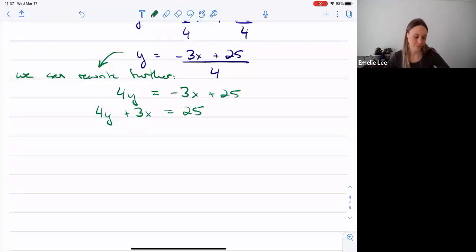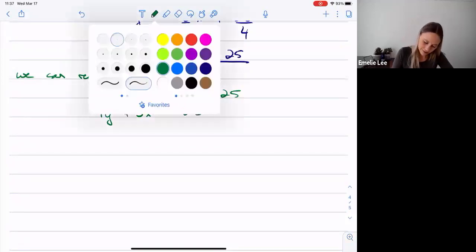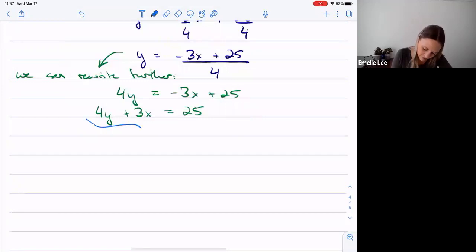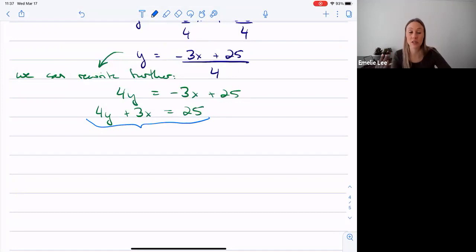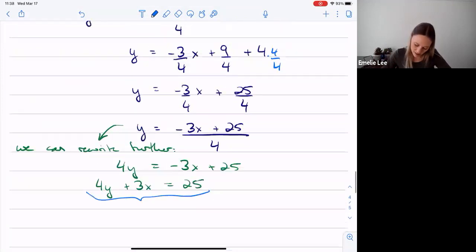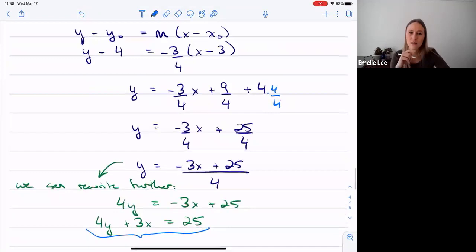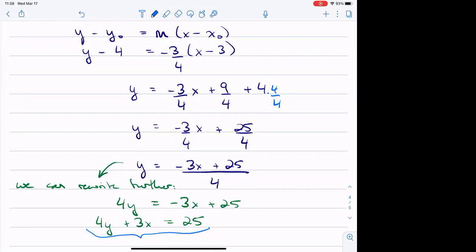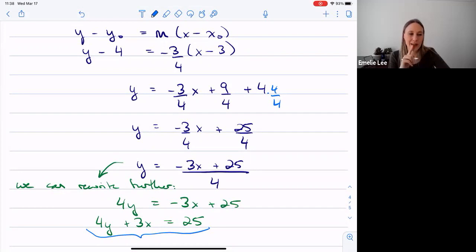Here, we're kind of back to an implicit function. It's easy to rearrange and solve for y, but sometimes they like to get fancy and go back to an implicit function, but it's okay.